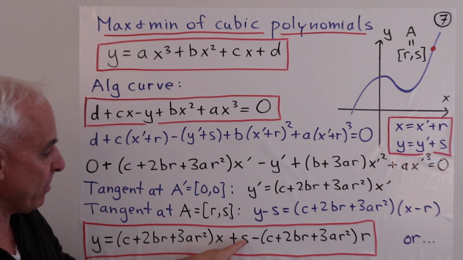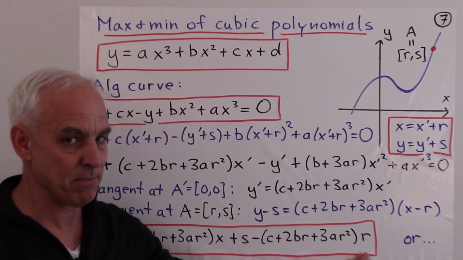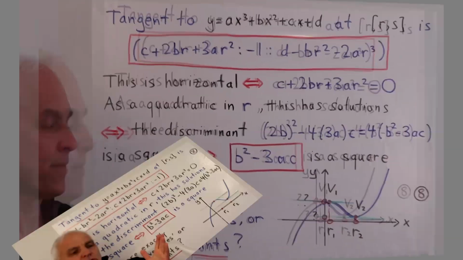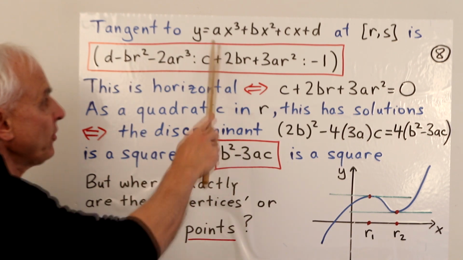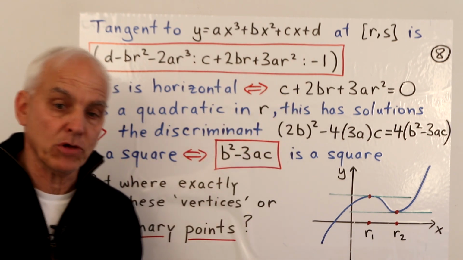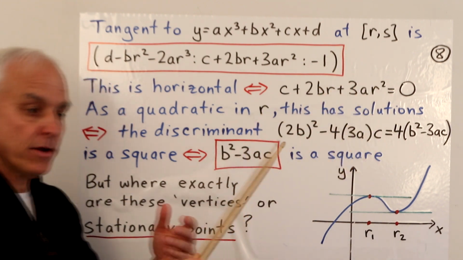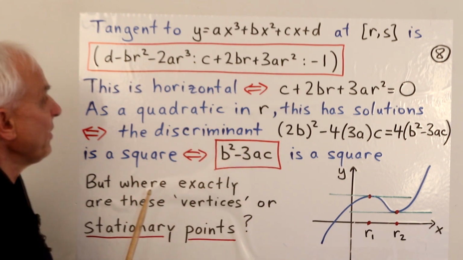So if we replace this s with the corresponding expression in r, then this is going to simplify a little bit. Let's see what we get. Okay, so we now have the equation for the tangent to this cubic curve, this general cubic function, at a point rs on the curve. It's given in projective coordinates by this expression.